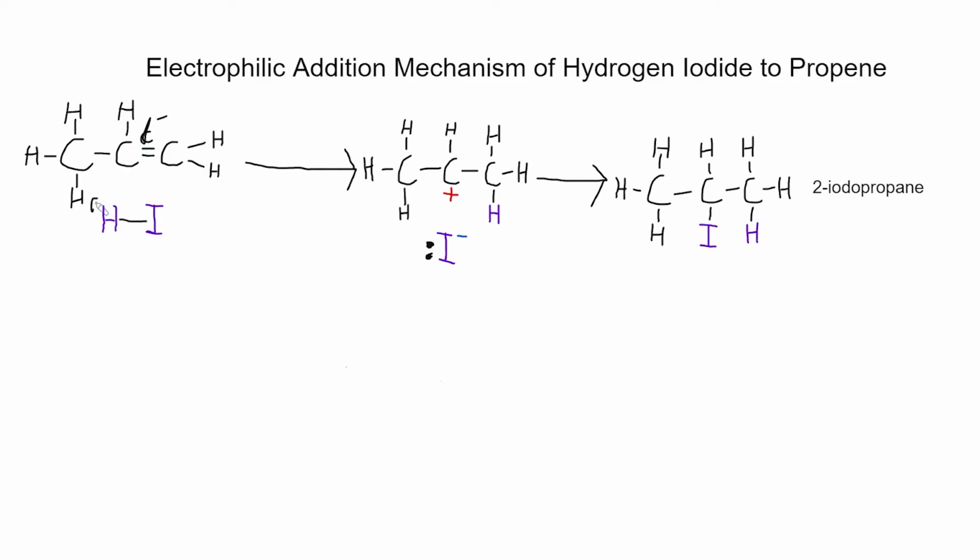So let's mark on a delta plus and delta minus immediately. The delta minus double bond then attracts the delta positive hydrogen atom, and the double bond breaks with an electron pair migrating to form a carbon-hydrogen bond instead. And then the hydrogen-iodine bond also severs as a result, with an electron pair migrating from that bond to the iodine atom.